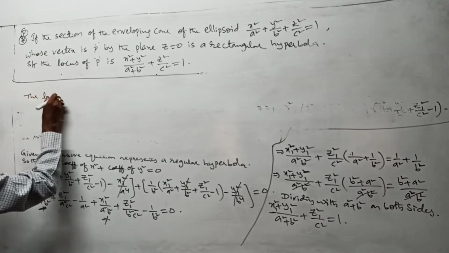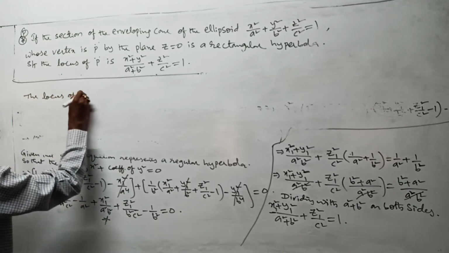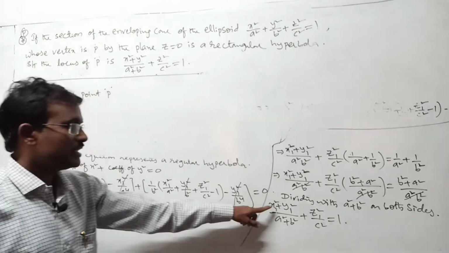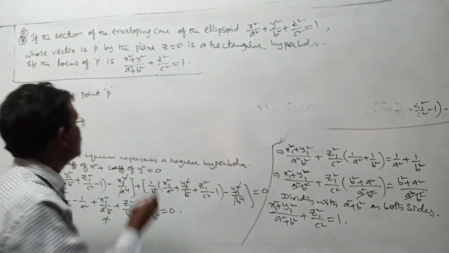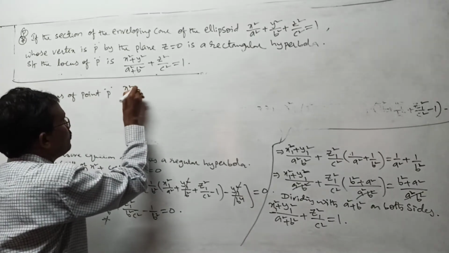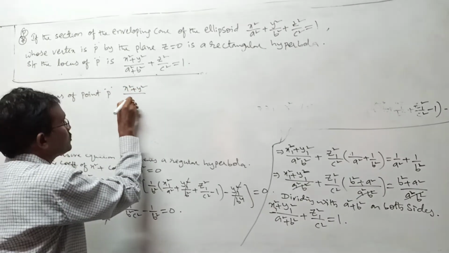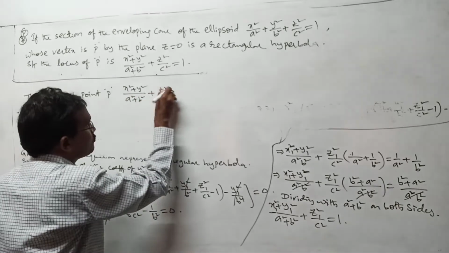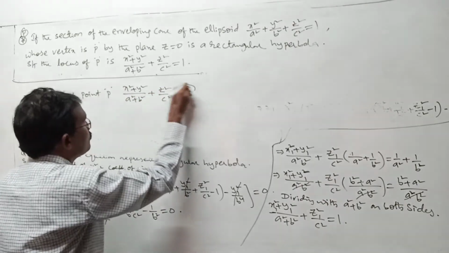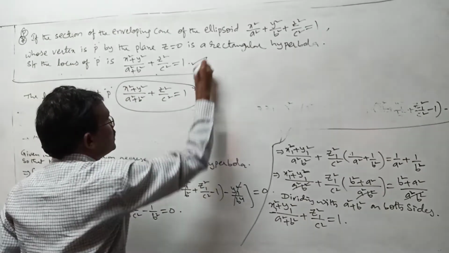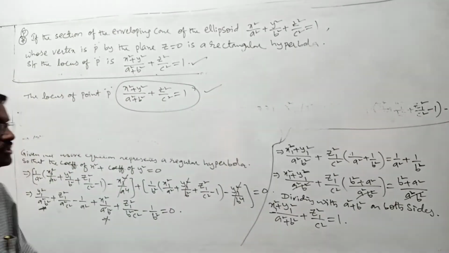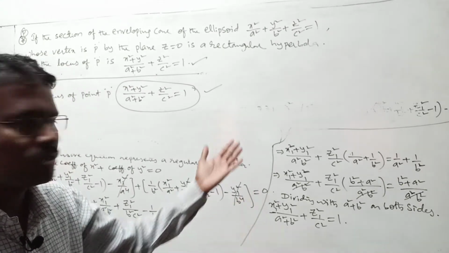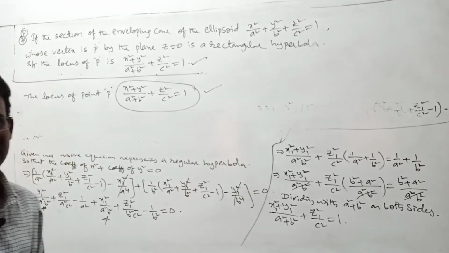The locus of point P is, means here replace x1 with x, y1 with y, z1 with z. x square plus y square by a square plus b square plus z square by c square is equal to 1. Is it your required result or not? Right? This is about your question. It is similar to the previous question. It is not a new question. Same like the previous question.